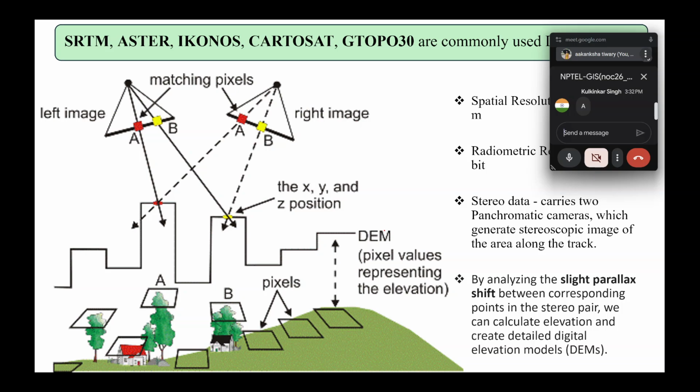If you close one eye, why are we able to see a 3D image of this world from our eyes? Because we have two eyes. If you close one eye and look at your finger, and then close the other eye, you are going to see a shift.